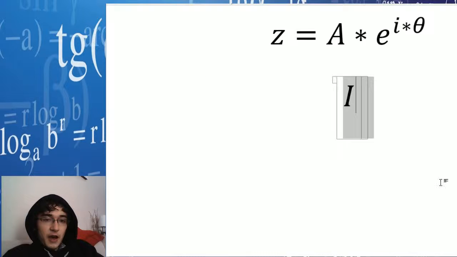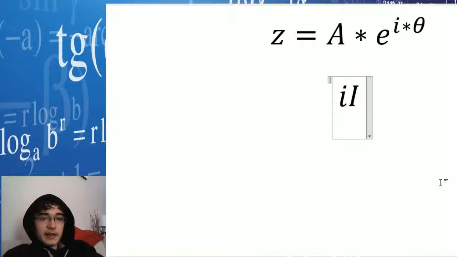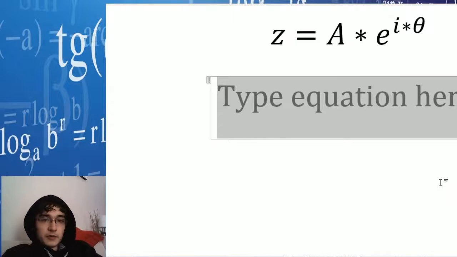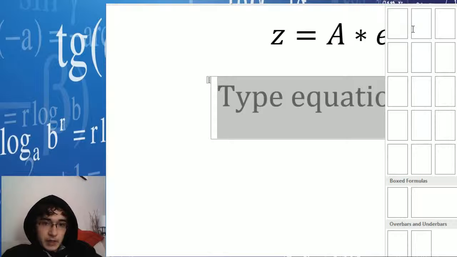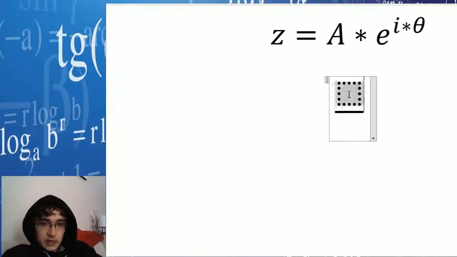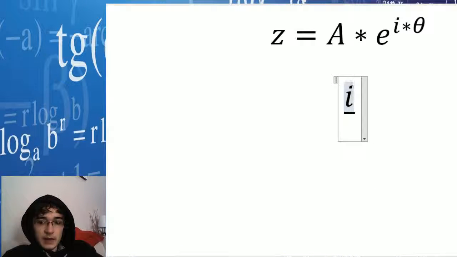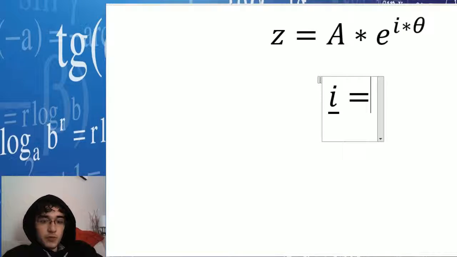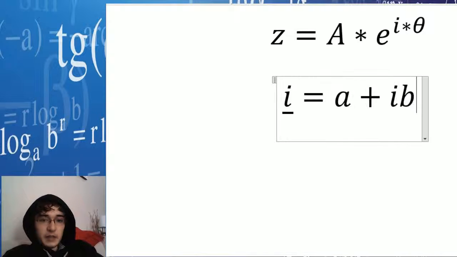If you have I, it's kind of complex, and usually you can also find the structure. You can find this I being equal to a plus ib, and it can be confusing.